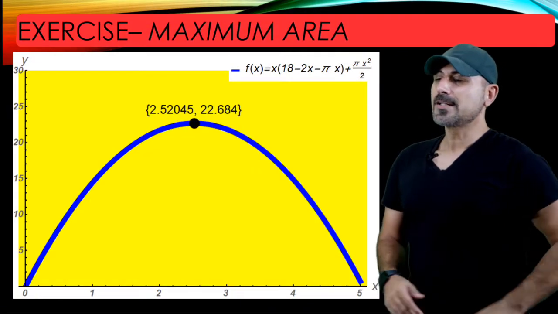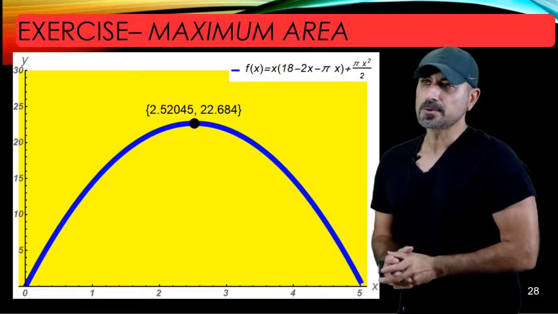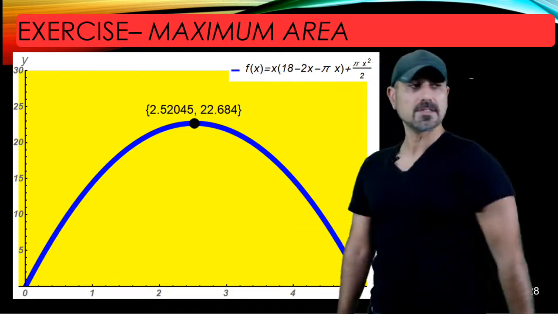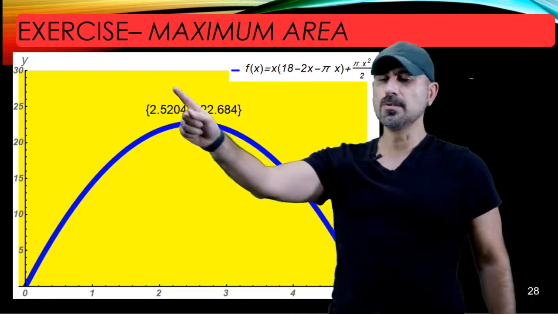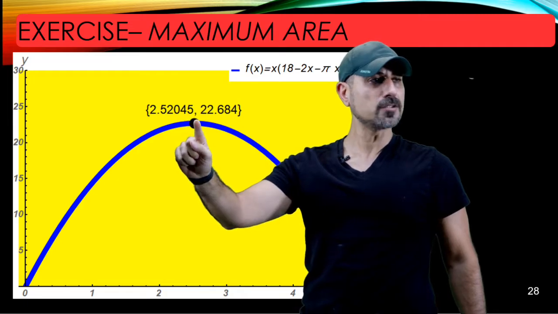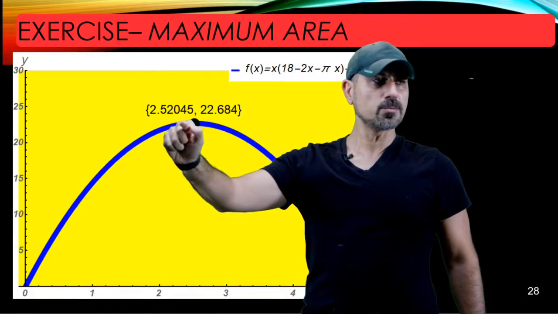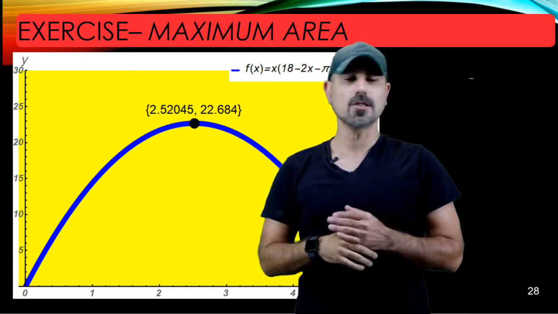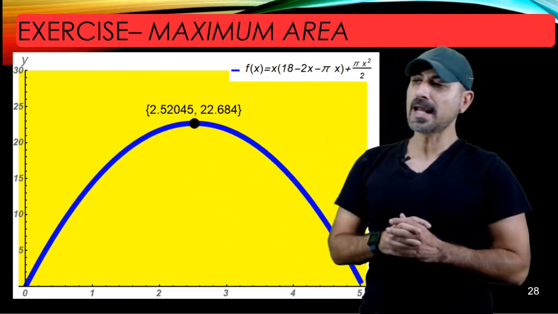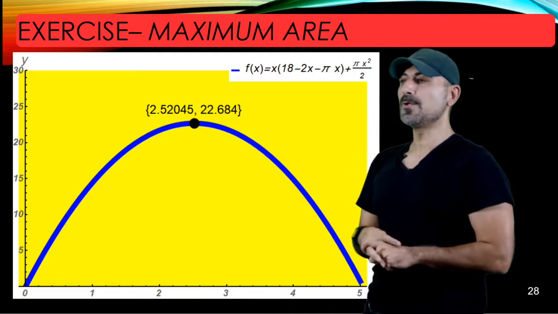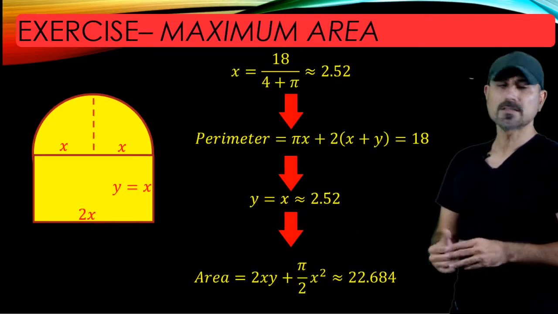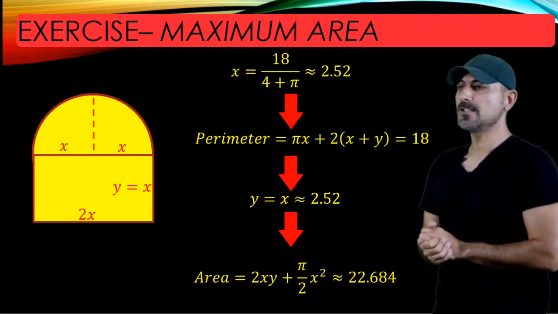All right, here is the graphical outlook of the function that we were trying to maximize here, and as you see, 2.52 is the point where the maximum value is achieved. And as you see, the function has a local maximum here, in other words, a flat tangent line here, and the corresponding maximum area is 22.684. Let's also try to find the y value here.